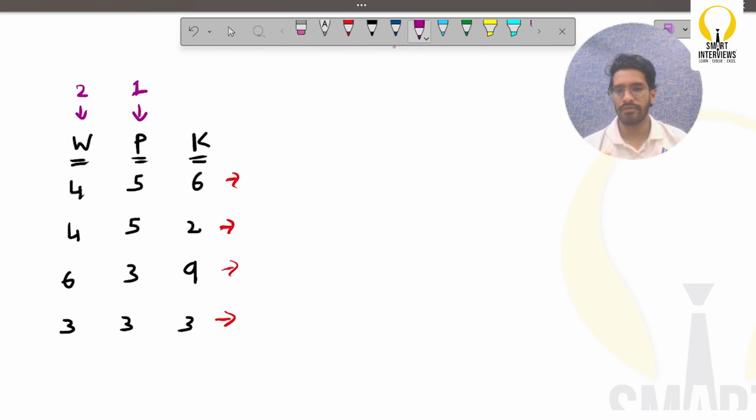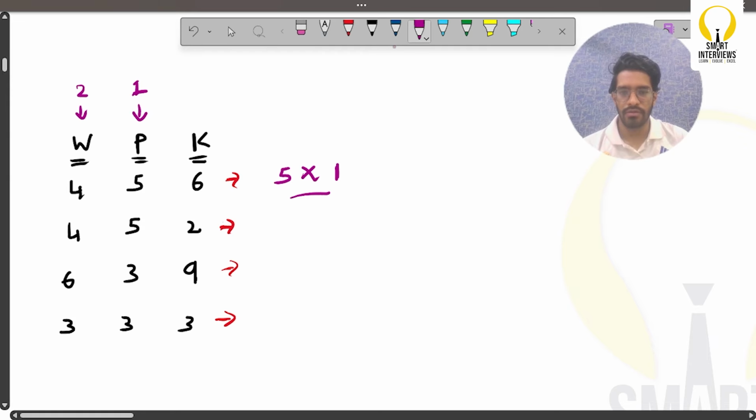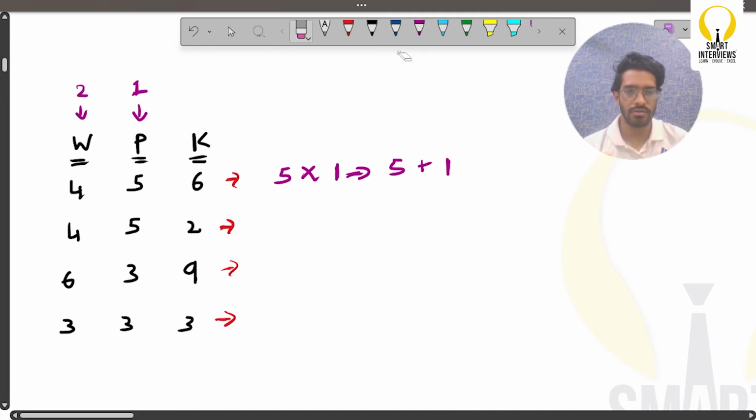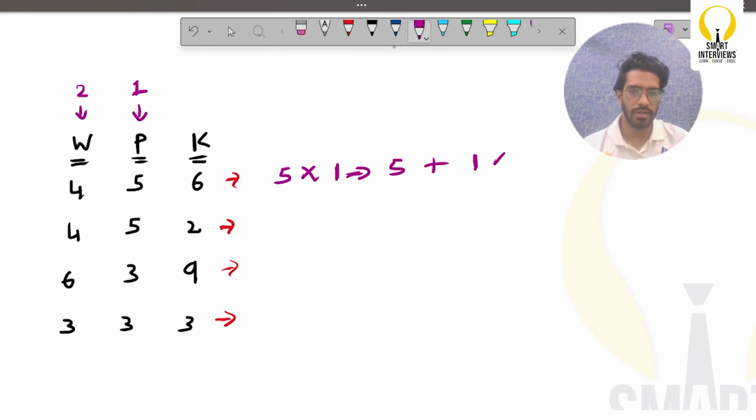One thing we can do is buy 5 plastic chairs and a single wooden chair. That means 5 into 1 would be the stylishness, because each plastic chair has 1 stylishness. So I have 5 stylishness plus I am buying a single wooden chair, which is of course 1 into 2, basically 2.